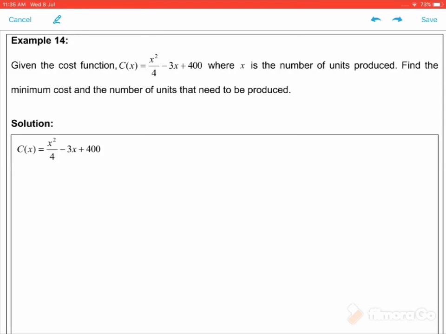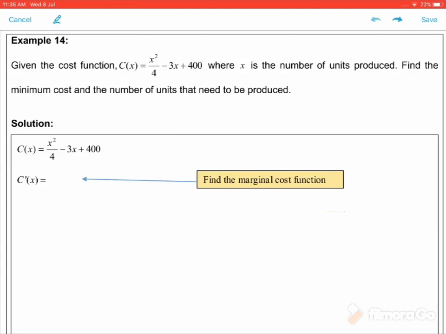Okay, so to get the minimum cost, we have to find the marginal cost function. So we differentiate the cost function. When you differentiate, you will get C prime of x is equal to 1 over 2x minus 3. Okay, so this is our marginal cost function.